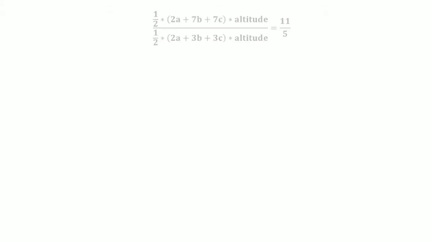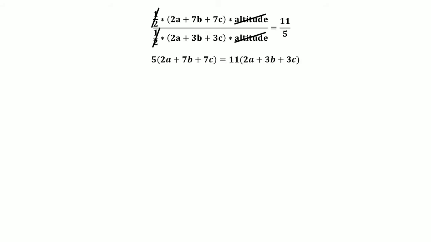After putting in the values, 1/2 times (2a plus 7b plus 7c) times the altitude, divided by 1/2 times (2a plus 3b plus 3c) times the altitude, is equal to 11 to 5. Cancelling 1/2 and the altitude, because both trapeziums have equal altitudes, being placed between equally spaced parallel lines, we get 5 times (2a plus 7b plus 7c) equals 11 times (2a plus 3b plus 3c).